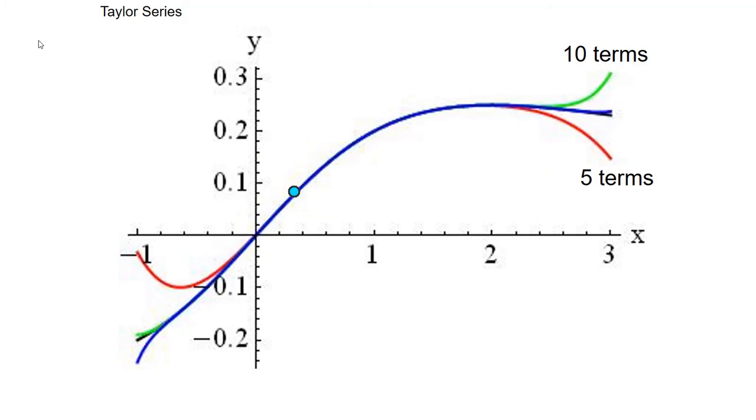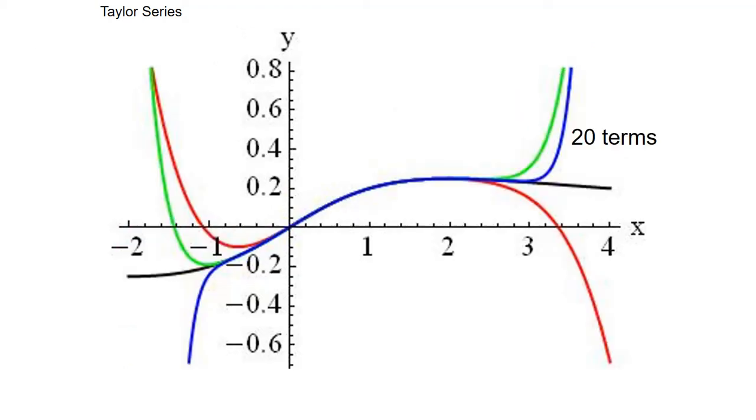Here we can see, in black once more, the function. We see the 5th order Taylor series in red here, and the 10th order one in green, and indeed the 20th order Taylor series in blue here. Those higher order Taylor series appear to do an excellent job of approximating the function, well, if we take the most extreme one, between around minus 1 and 3.